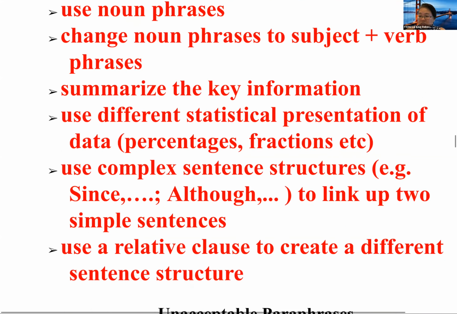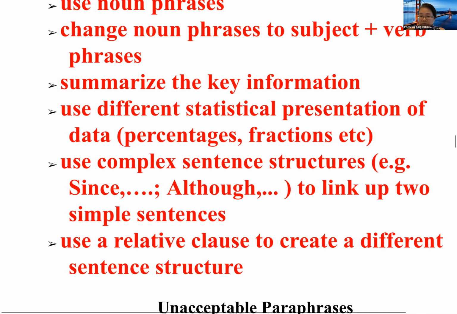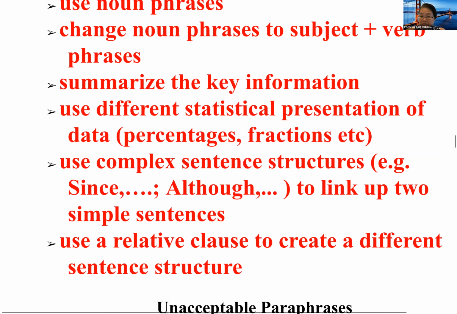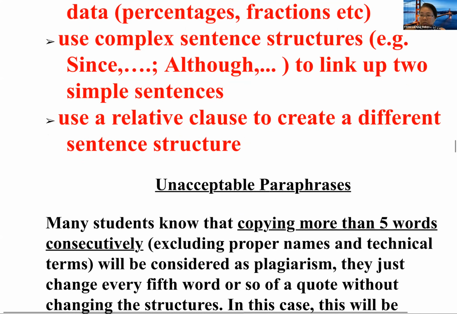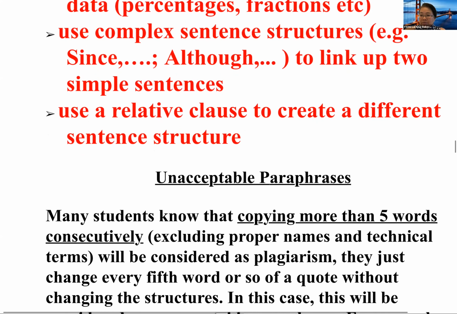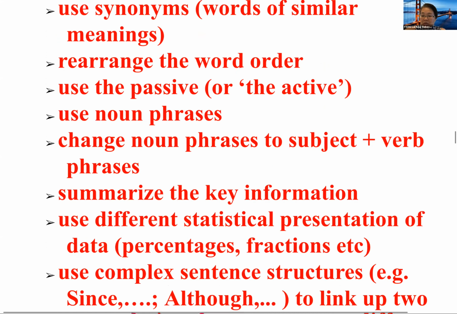Complex sentence structures, like I said, try to see the relationship between two sentences. In the original sentences, if you see some cause and effect, of course you can use since. If you see two sentences with opposite meanings, then you use although. And relative clauses as well, both defining and non-defining. You think about that. So far, these are the basic skills.